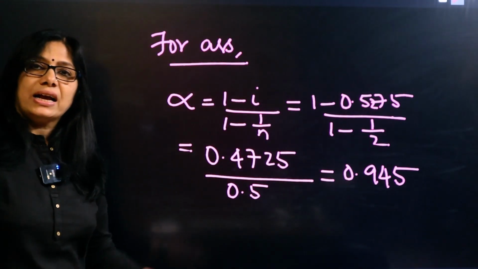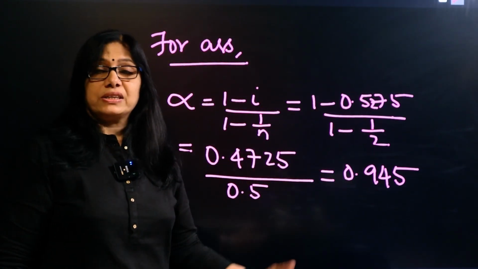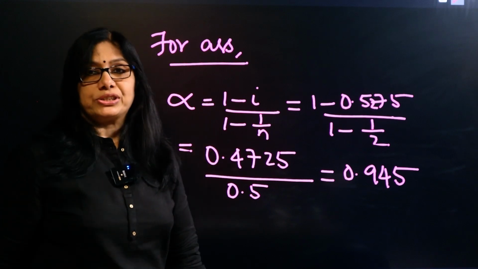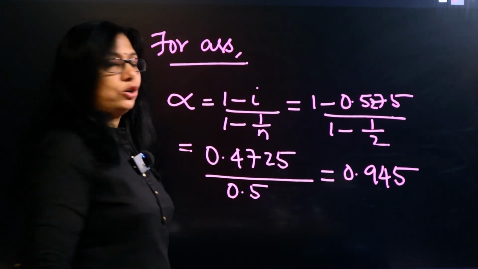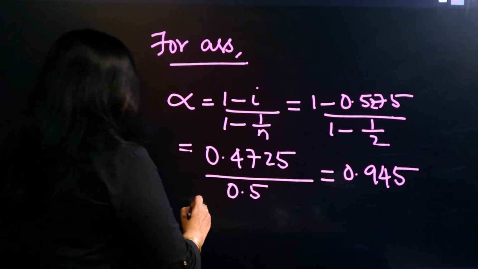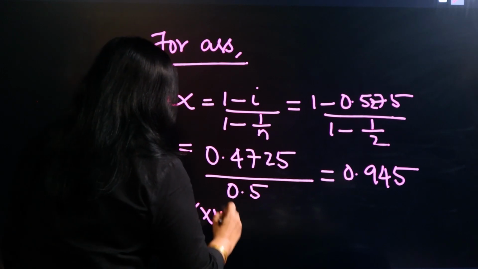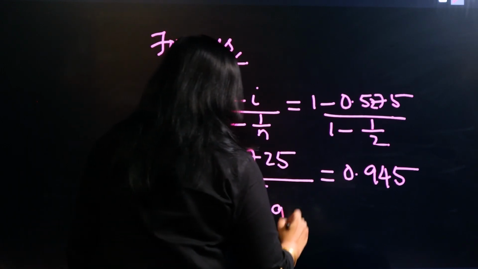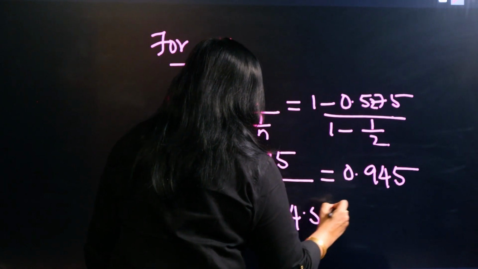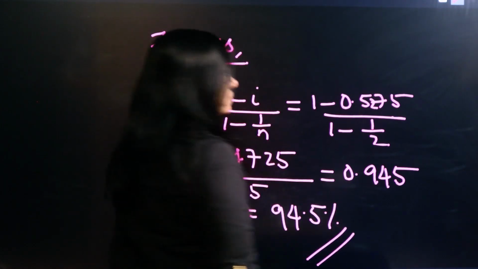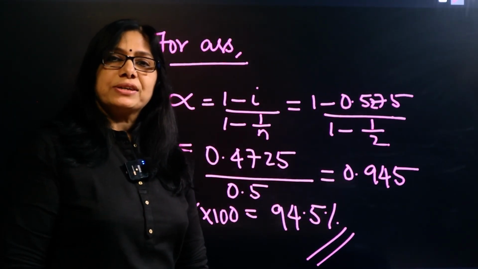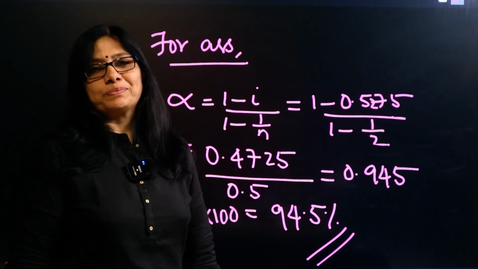So this is the alpha value. This is the degree of association. Now, how will you convert it into percentage association? Alpha into 100. So the answer will be 94.5%. This will be the percentage association in this question.